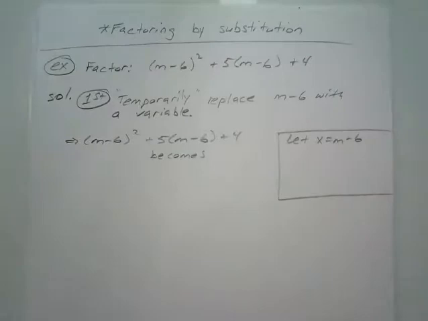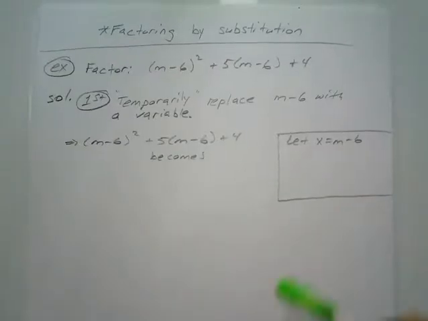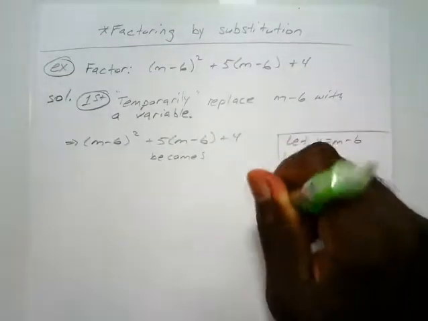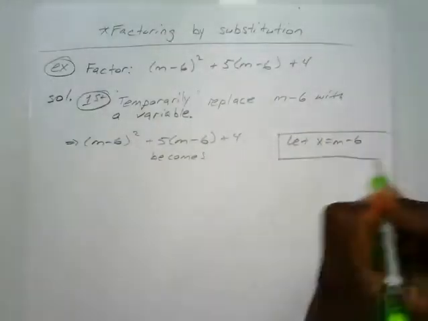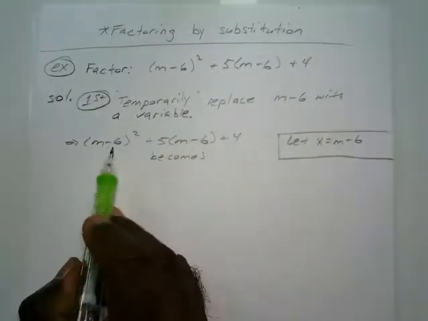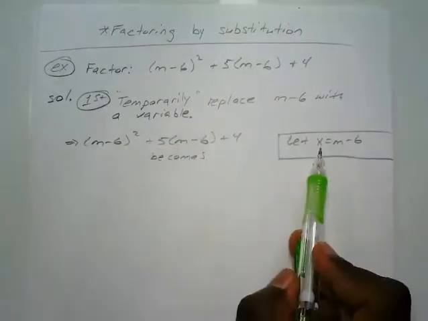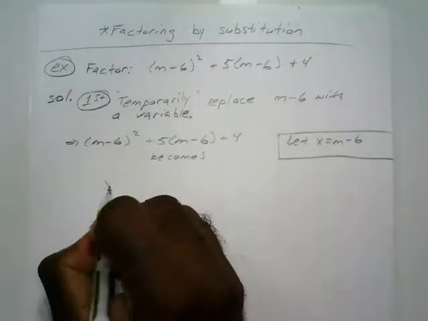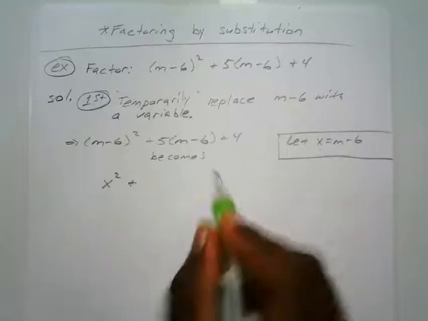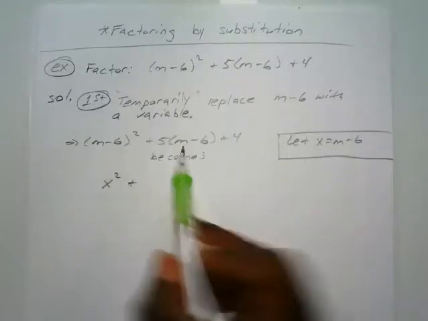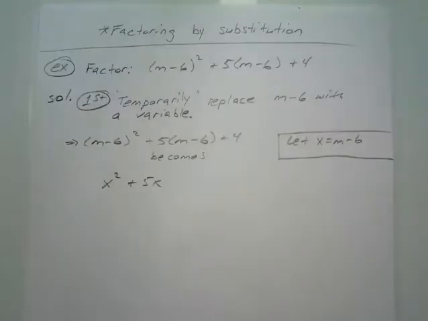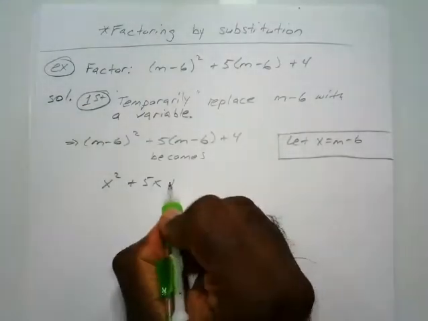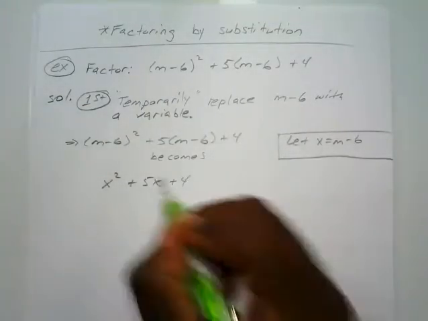Like I said, you can use y, r, s, whatever, all the same. So instead of m minus 6 squared, we'll get x squared. So you have x squared plus, instead of 5 times m minus 6, we have plus 5x, and just bring our plus 4 right next to it.